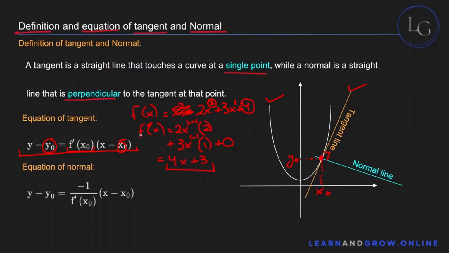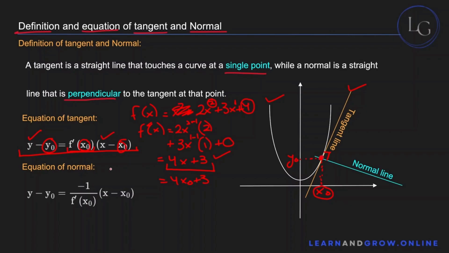This is the equation of the derivative of this parabola, and then you insert the x value of that point, so this x value, right, into this equation. So that would be 4 into whatever you have as your x value plus 3. And once you have that, you have the complete equation of the tangent in terms of this y and this x.